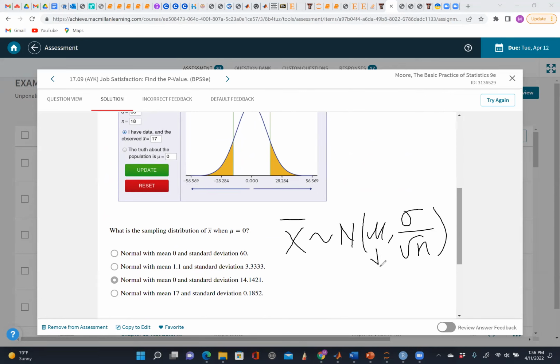So mu we already know is 0, and the standard deviation will be 60 over the square root of 18, because the sample size is 18 and sigma is 60. You will get 14.1421. So that means x bar is normally distributed with mean 0 and standard deviation 14.1421.